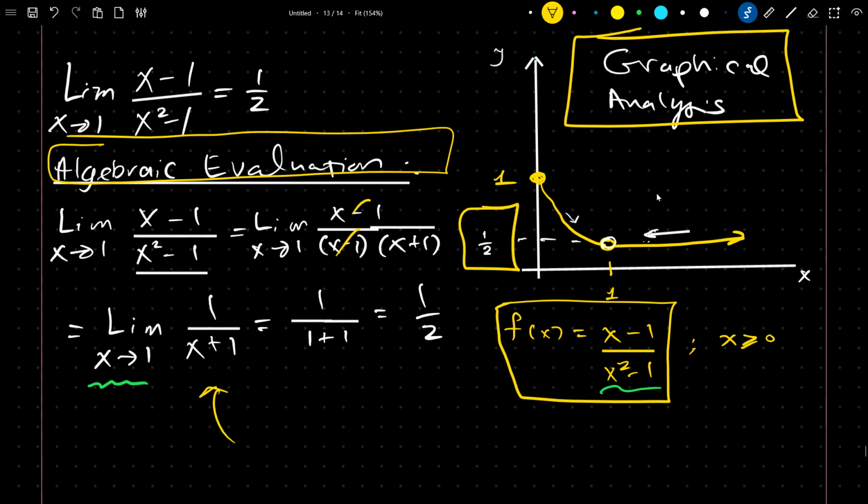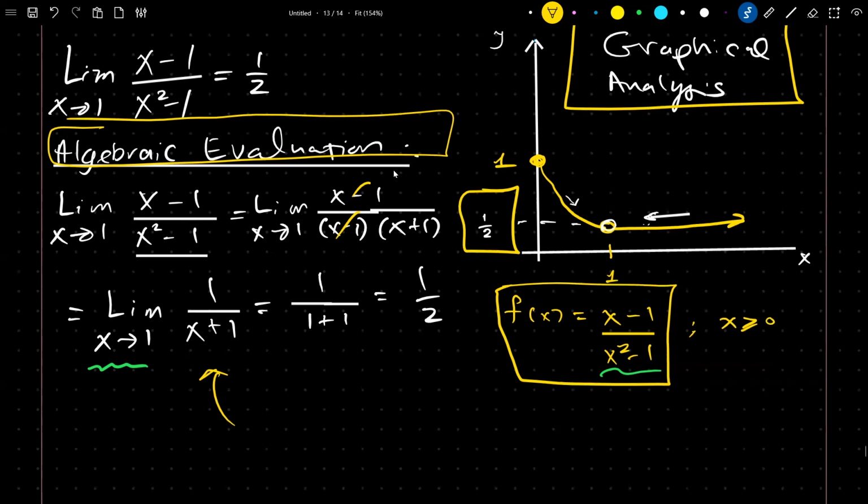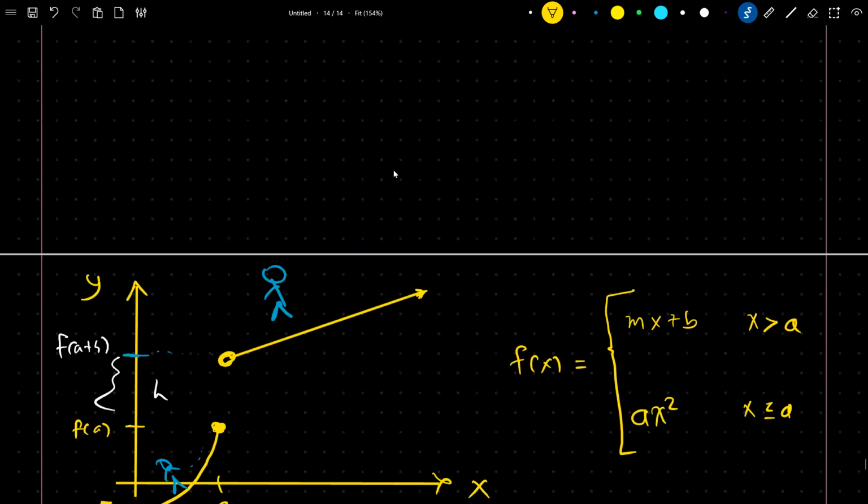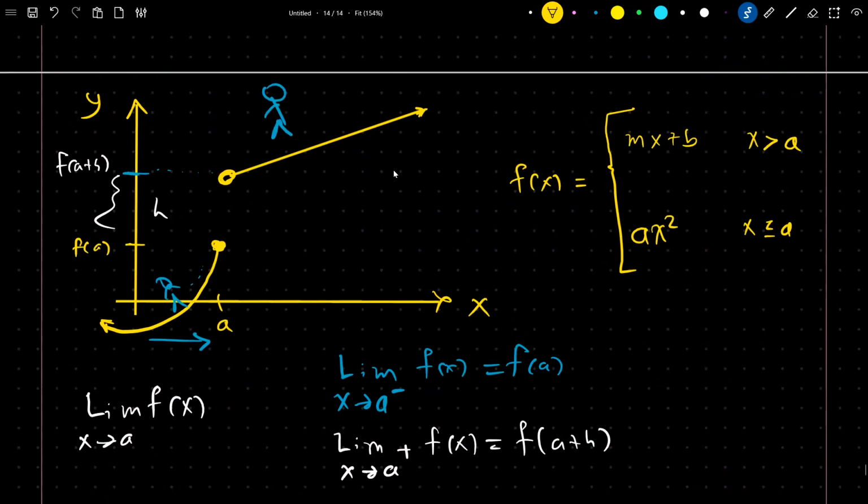And then we could also show that algebraically. We could see it from our graphical analysis, and we could see it algebraically by using methods like factoring and so forth. We'll see there are many different tricks that you'll learn so that you can evaluate limits of different types of functions. Here we did a graphical analysis to show that there exists a left side limit and there exists a right side limit.